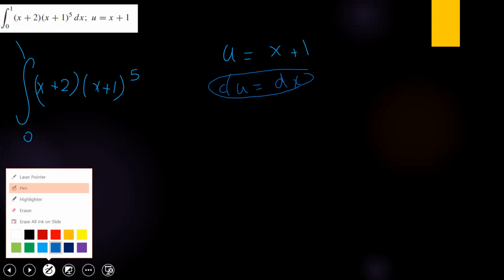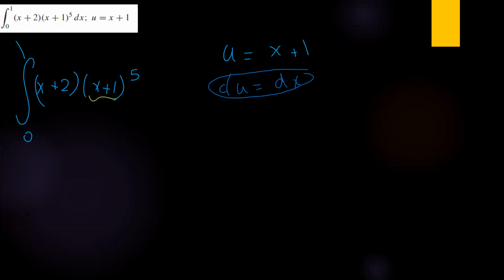So now let's continue. I suppose that x plus 1 is u. So u to the power 5. Now, what did I have here? I have x plus 2. Now, I want to write it as u. Since here dx, I change it with du, so this du and dx cannot help me. How can I write x plus 2 in u?